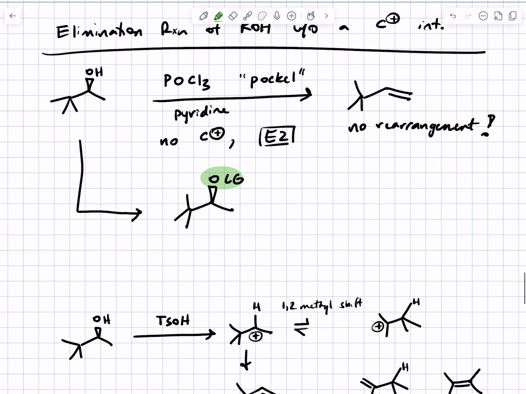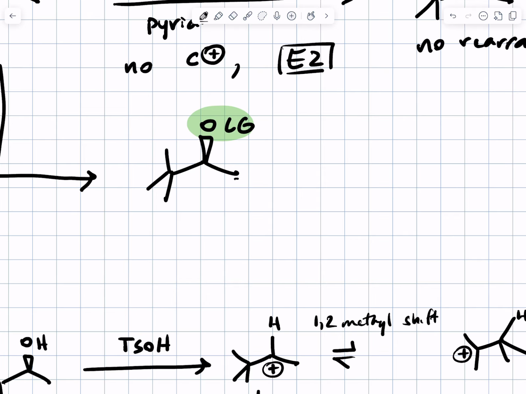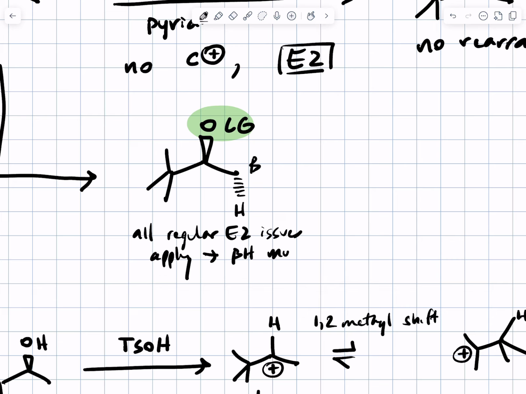I'm not going to hold you responsible for knowing the structure of the good leaving group or how the OH gets turned into the good leaving group, but you do need to know that the reaction is E2, so all of the regular E2 issues apply. That is, the beta proton that gets removed must be anti to the leaving group.